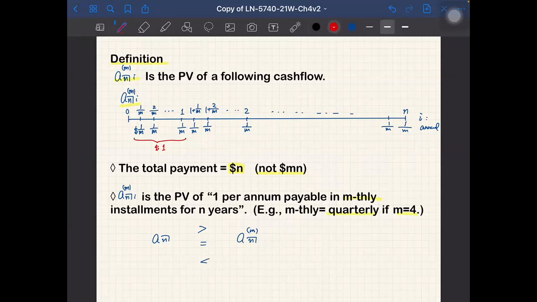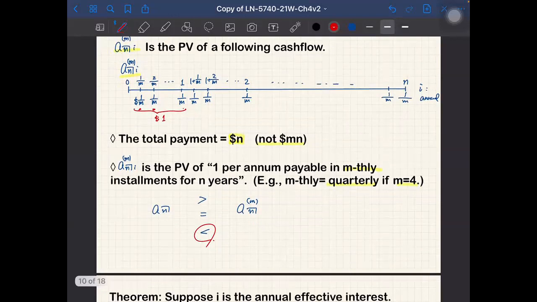But actually, a angle n superscript m is slightly larger, because some payments are earlier than the usual annuity immediate. For annuity immediate, $1 is paid at time 1 for the first time. But with m-thly payments, the partial amounts are paid earlier. So the present value is slightly larger than the usual annuity immediate.